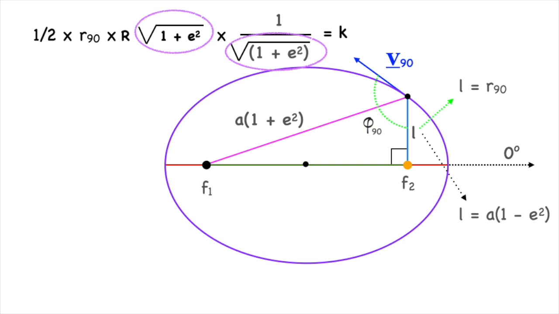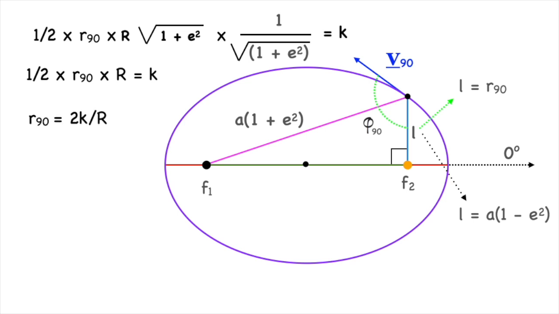We can divide the quantity square root of 1 plus e squared by itself, and we are left with 1/2 times r sub 90 times capital R equals k. So r sub 90 equals 2k divided by capital R, or in other words, L equals 2k divided by capital R.